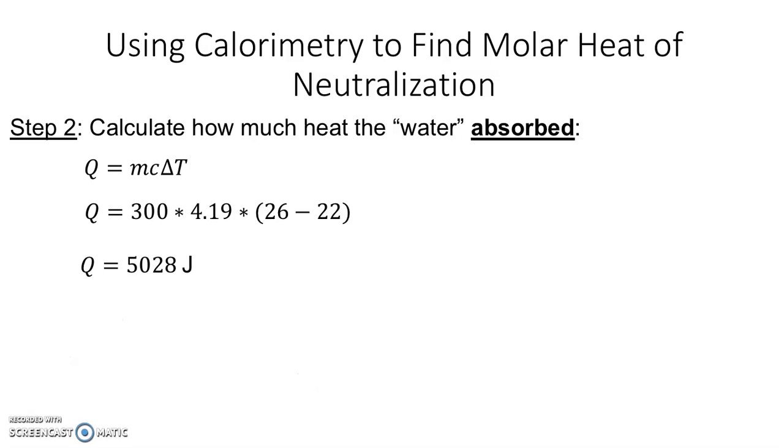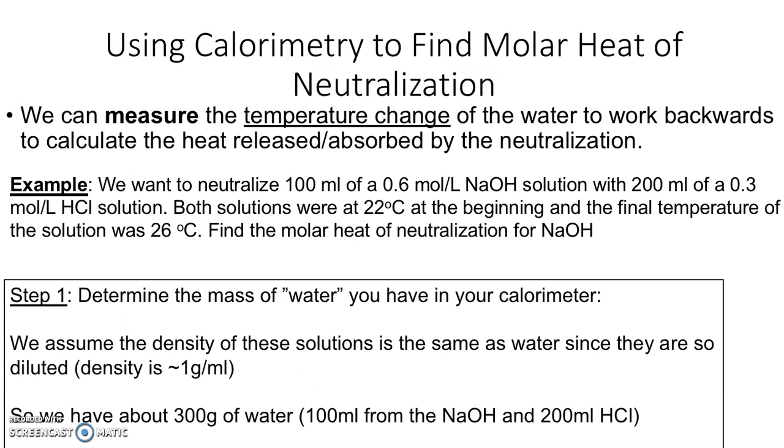So if we go back to the question, it says we want to neutralize 100 milliliters of 0.6 moles per liter sodium hydroxide solution. So the sodium hydroxide is the one that's getting neutralized, and we are using the HCl to neutralize it. So the compound that we care about, and of course it even says in the question, is sodium hydroxide, because that's the one we are trying to neutralize.